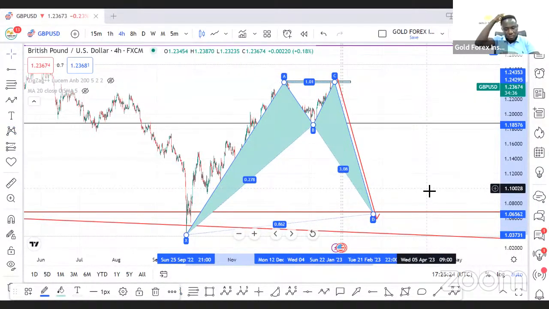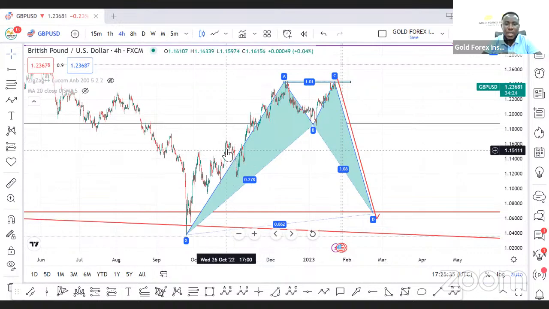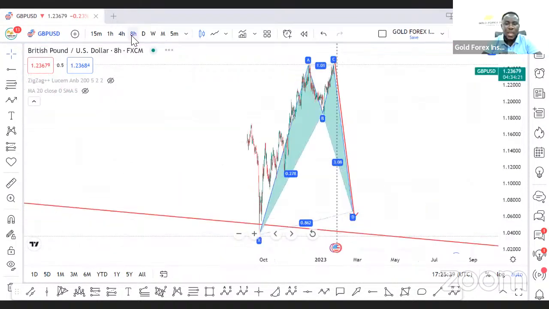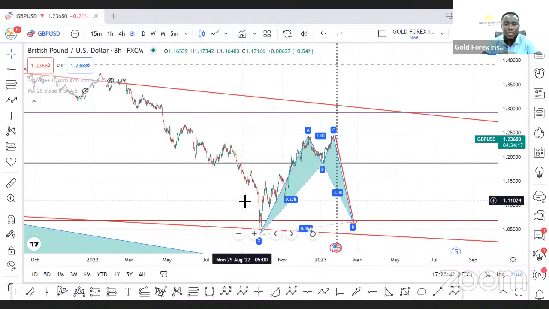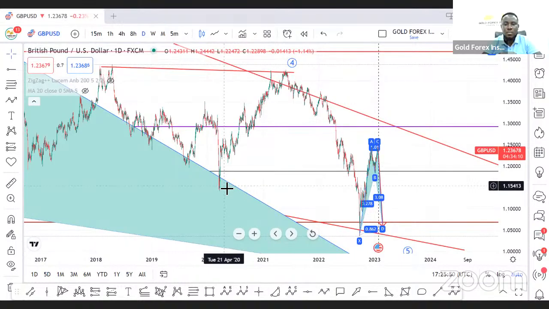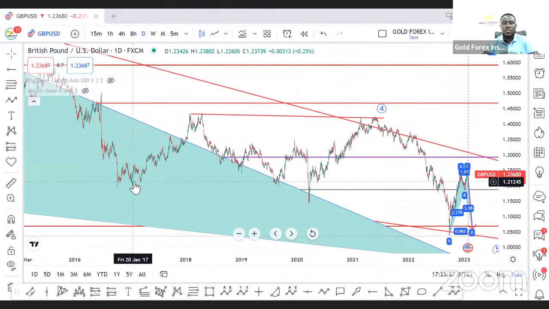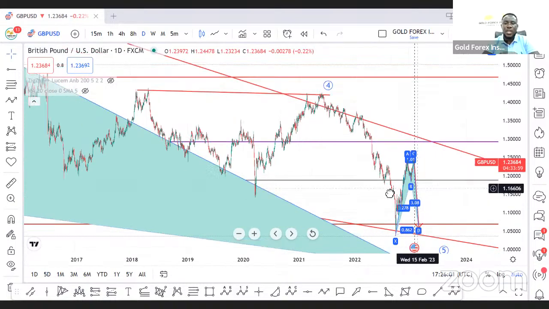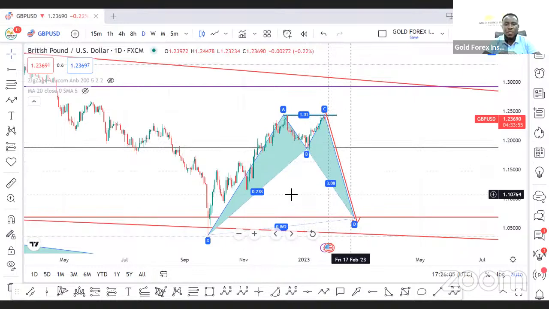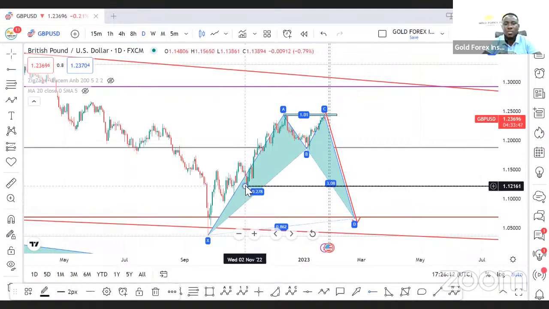So by checking these levels, the neckline, the B level, and other levels of confluence, so target. You should be looking at the break level first before you come to these levels. So be targeting these levels.